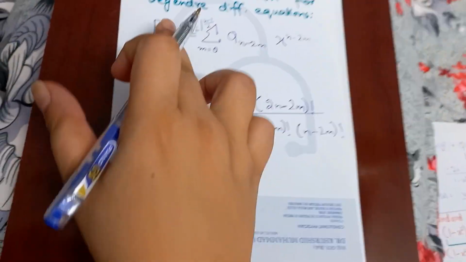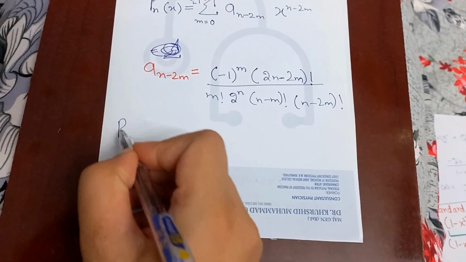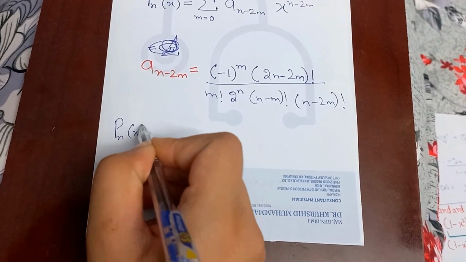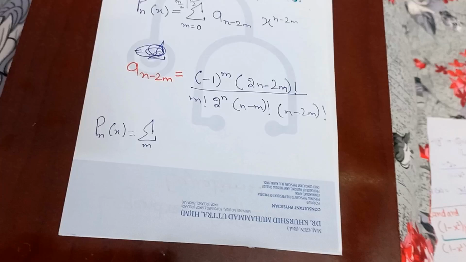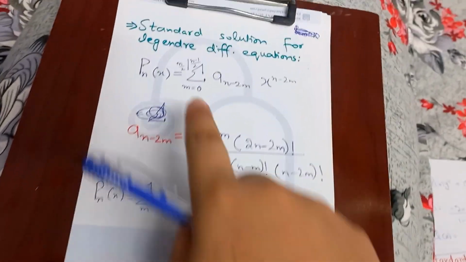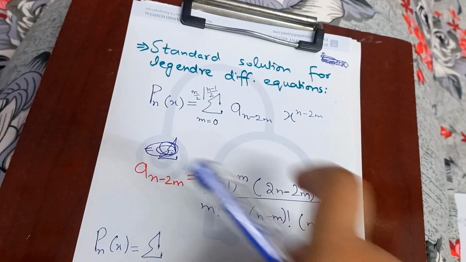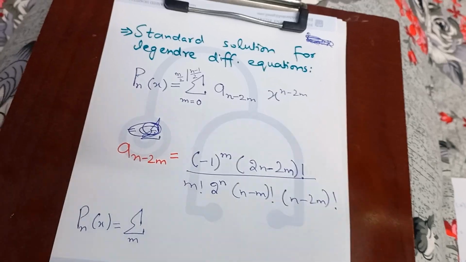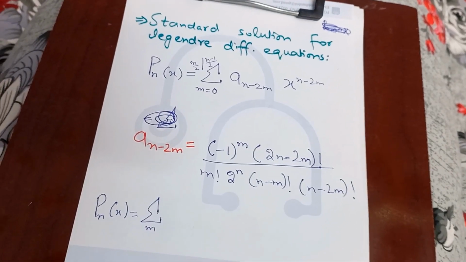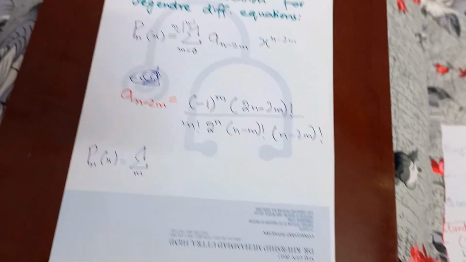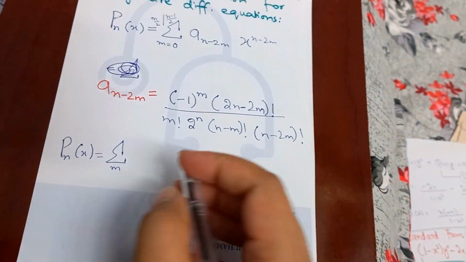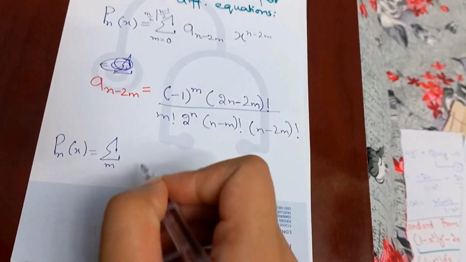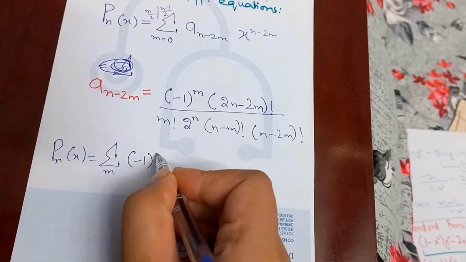Now let's put this value right into this equation to get the full form of the solution. Pn of x equals summation sign. You can simply write this, but doing so gives you a clear indication of what values of m to take while expanding the summation. Mentioning it is good for you, but you can write it like that as well.